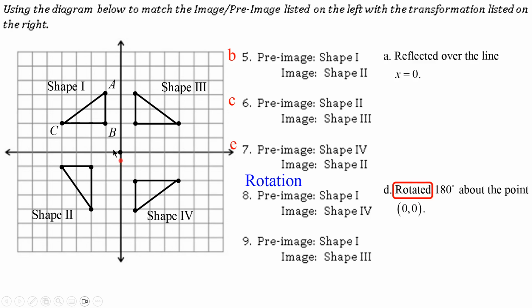So how about we take that point B to there, and there's my B prime. Draw your segments, and you guys all agree that's 180 degrees right there? 180 degrees about the origin right there. And notice with 180 degrees, they don't have to tell you the direction. Both directions will get you there, counterclockwise or clockwise. So the answer is D.